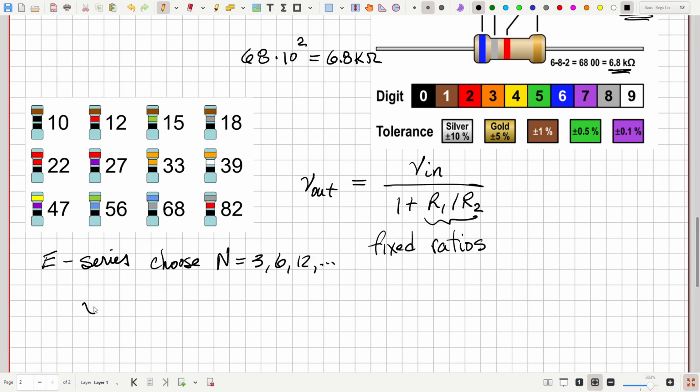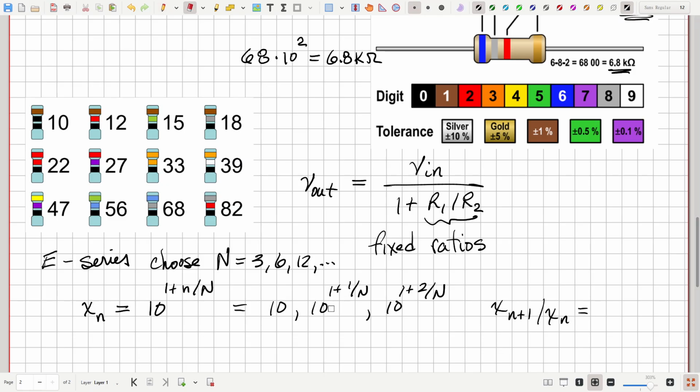And then we use resistance values from the sequence X sub n is 10 to the 1 plus little n over big N. Okay, so that would be 10 to the 1 plus 1 over N, 10 to the 1 plus 2 over N. And you can see what would happen is that the ratio of X sub n plus 1 to X sub n would just be bringing an additional factor of 10 to the 1 over N. So that would be your fixed ratio, 10 to the 1 over N.